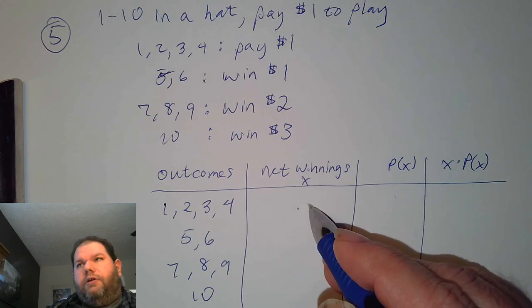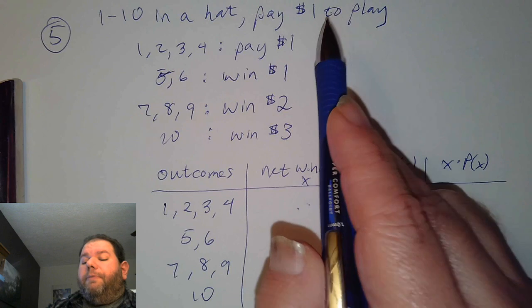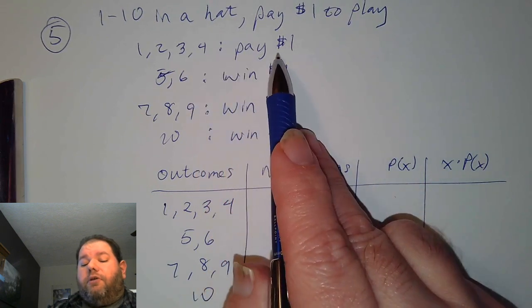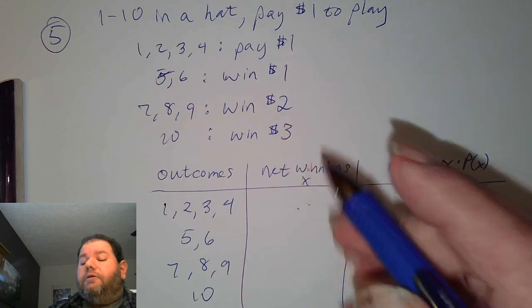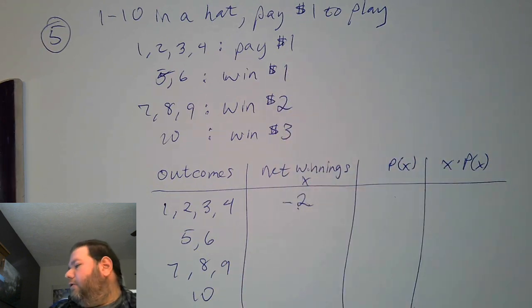What is the net change to the money that we have in that situation? -1, -2. We paid $1, and then if we draw one of these 4 numbers, we pay another $1. That means we've paid $2 with no winnings to show for it.